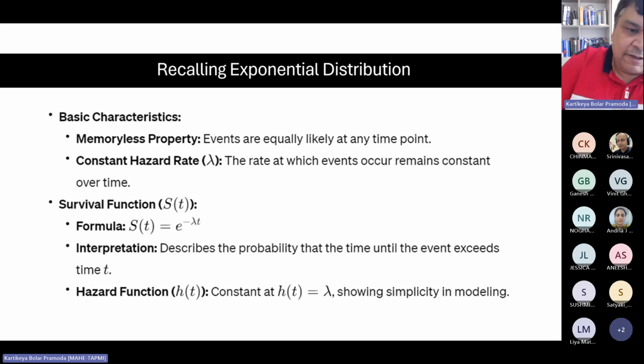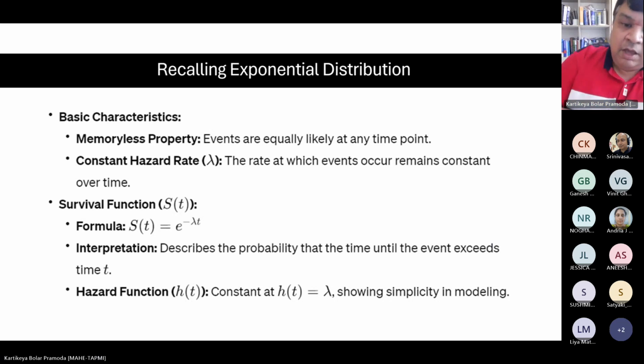When we say e to the power of minus lambda t as the exponential function, t is the time they might have to reach, and it gives the likelihood of that. That's how the distribution of the survival function works.